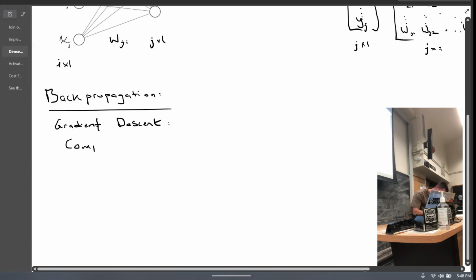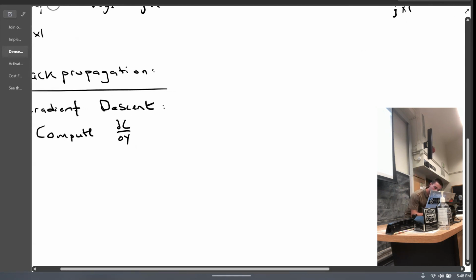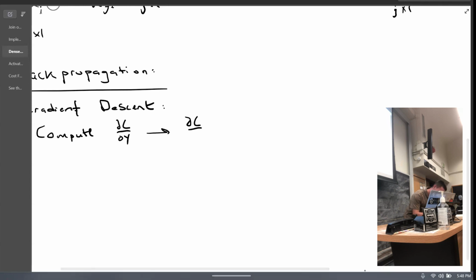We can compute directly the derivative of our cost function with respect to our output, because we just got our output out of the function, and the cost function is a direct function of the output y. But what we want is the information that tells us how to change our parameters.